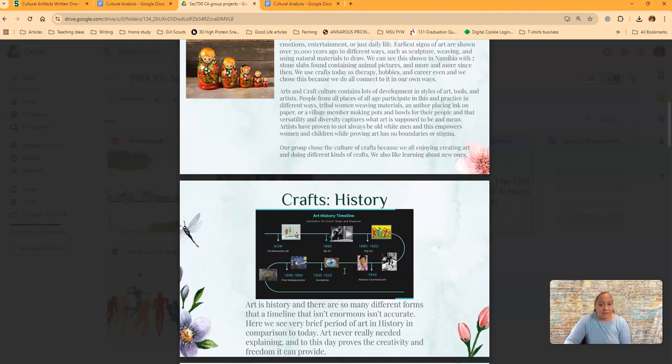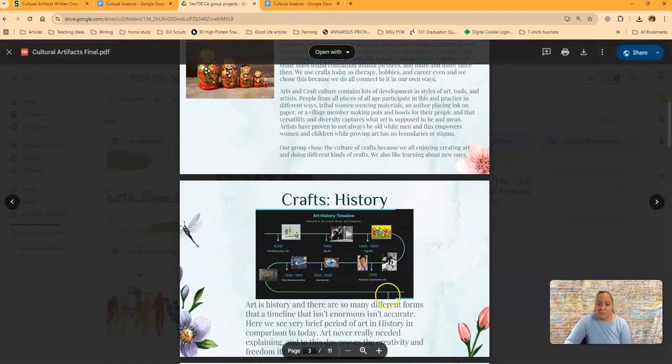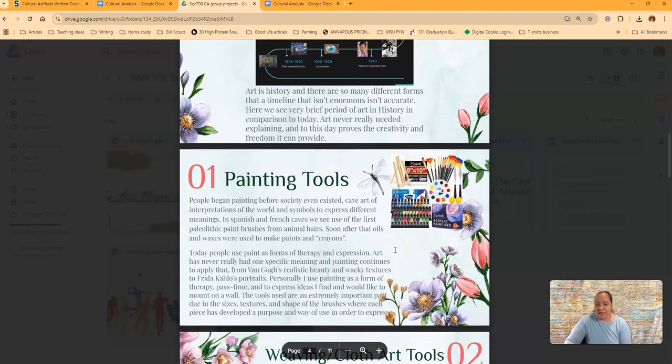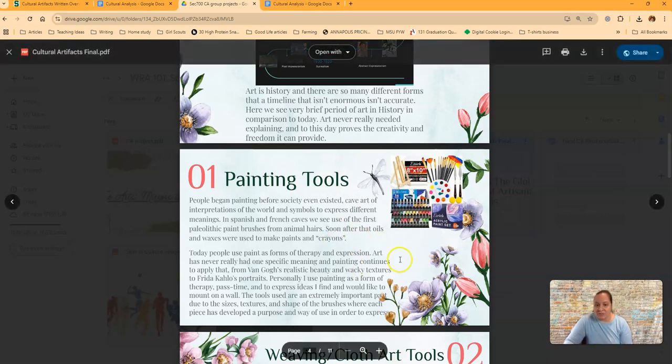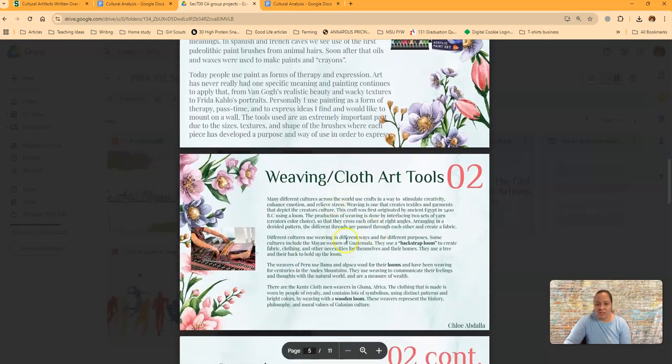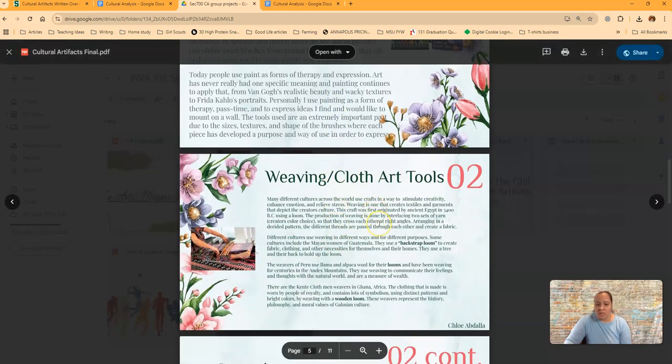It's going to have that research where they were able to assemble this timeline. And then they have their objects. Now, we did it in groups at this time, so there are more than 2. You're doing it individually, so you only need 2 objects. So this person described painting tools. They described it and also kind of come into their personal connections. Weaving and cloth art tools, so things like looms.